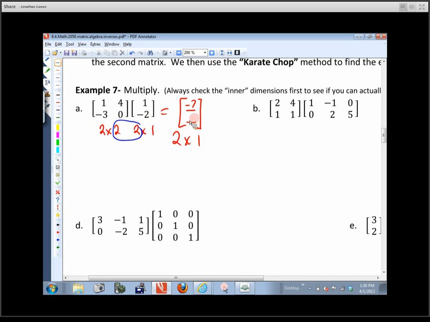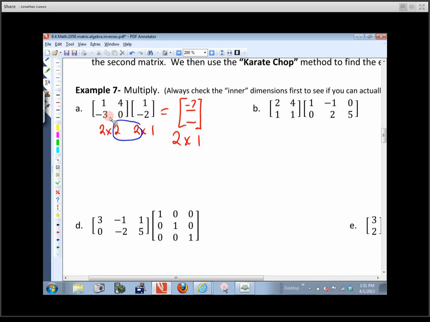Okay, where is this entry in the resultant? Where is this answer? Second row, first column. So I take the second row and karate chop it with the first column. See how the 3 and the 1 would correspond? And the 0 and the negative 2 would correspond? How do you know which one corresponds with which one?